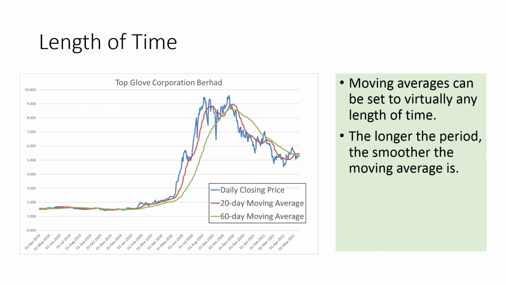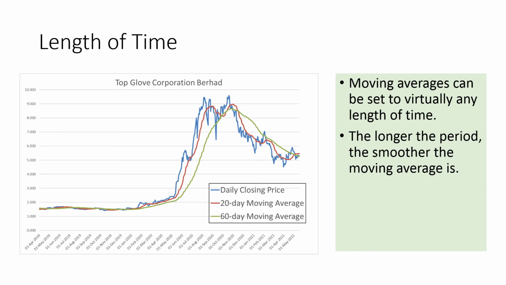Moving average can be set to virtually any length of time. The shortest time span typically is 5 days, which is 1 week, as there are 5 trading days within a week. Other common lengths include 10, 20, 50, 60, 100, and 200-day moving average. The longer the period, the smoother the moving average is.